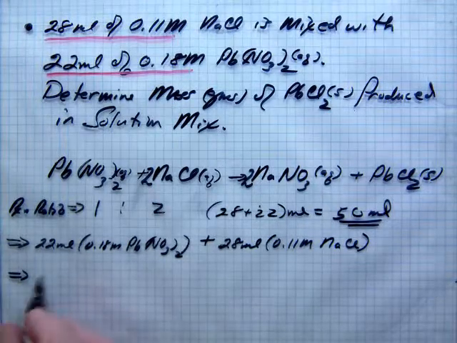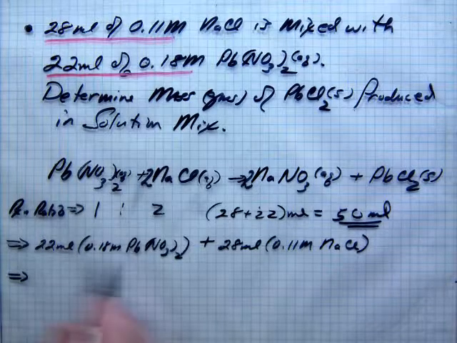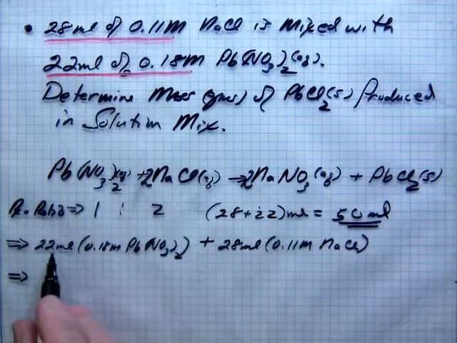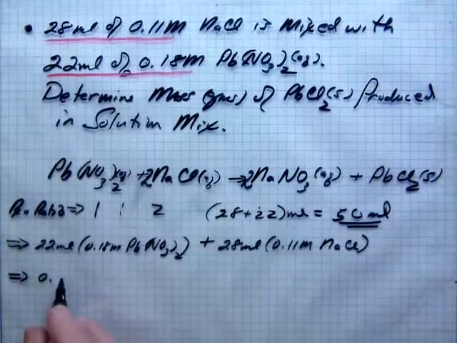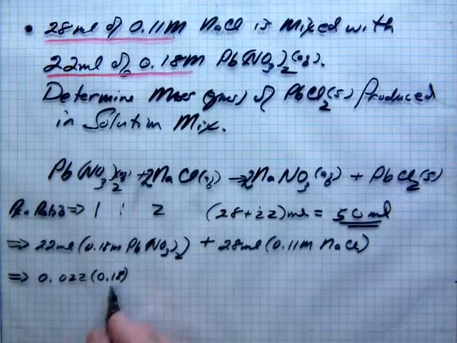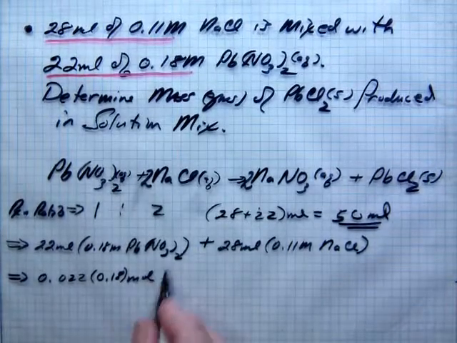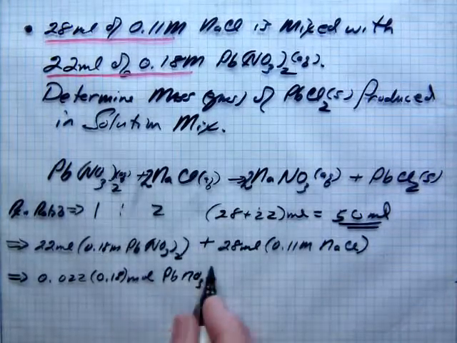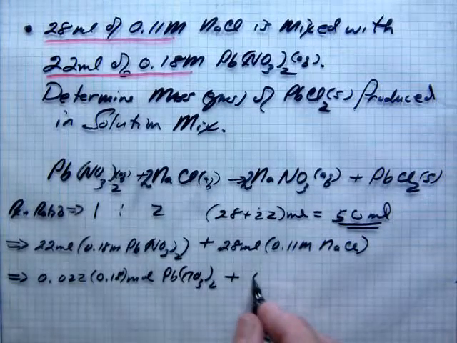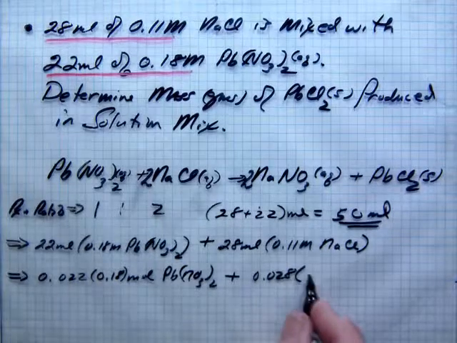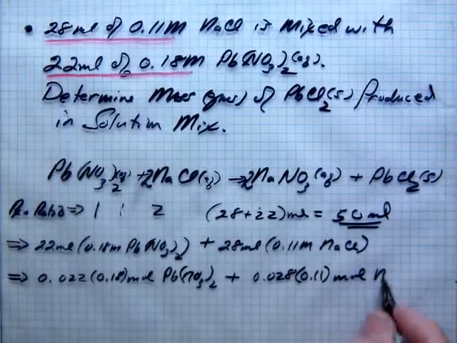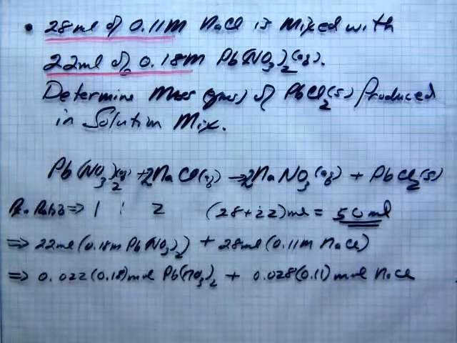Okay, so now I write this in terms that will take this to moles. That's molarity times volume. But that volume has to be in liters, 0.022 times 0.18, parentheses, mole Pb(NO3)2, plus 0.028 times 0.11, close that, mole of NaCl.